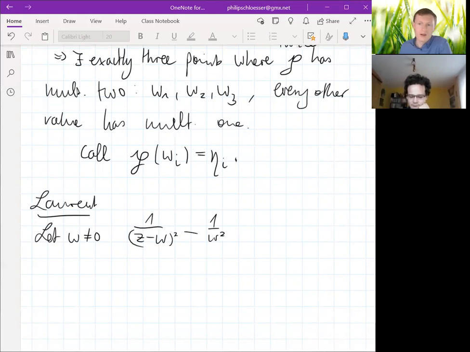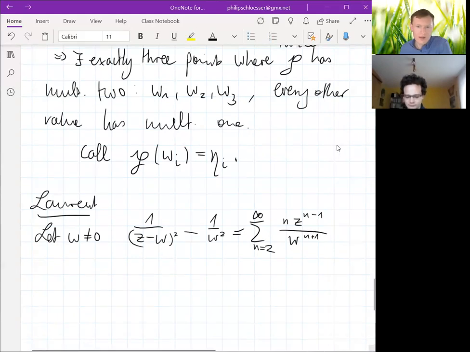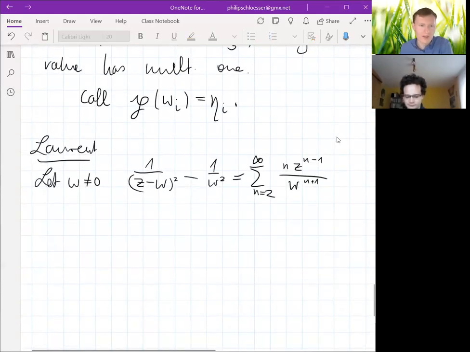And well, you can do a bit of geometric series, and then you find that it's equal to the sum from n equals 2 to infinity of n Z to the n minus 1 over W to the n plus 1. Recall that W was just a number, but Z is our variable.